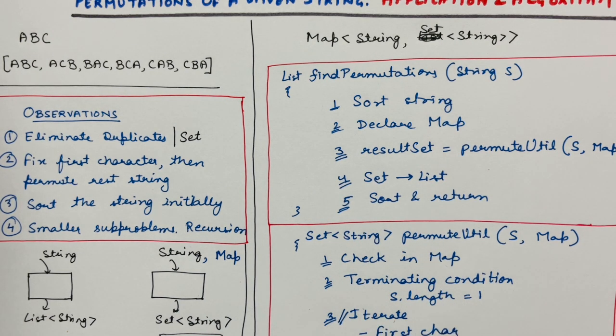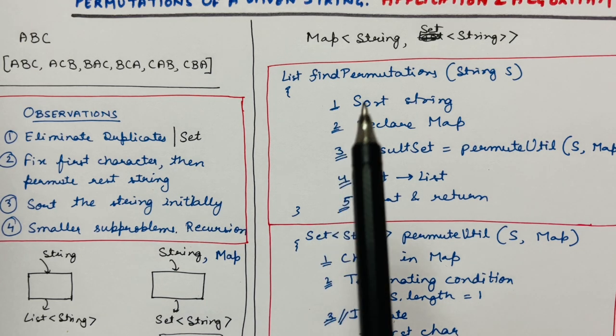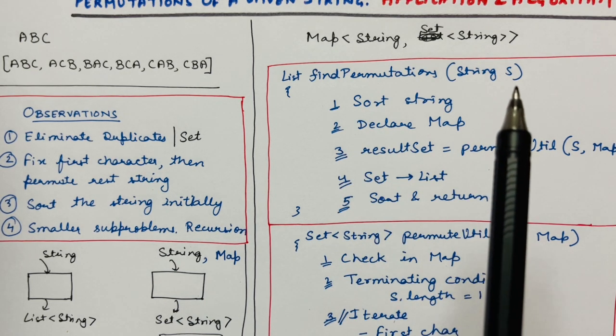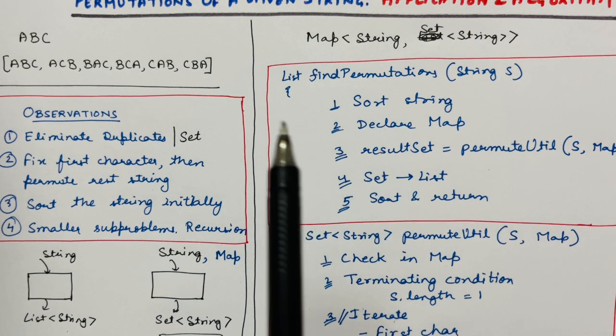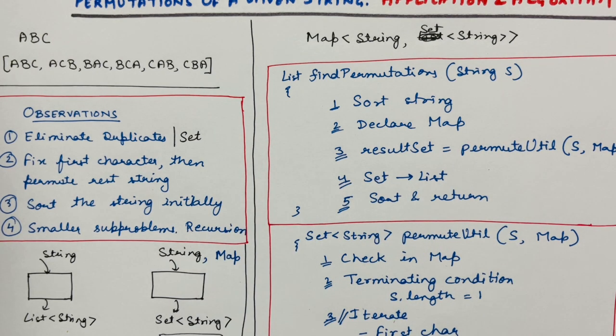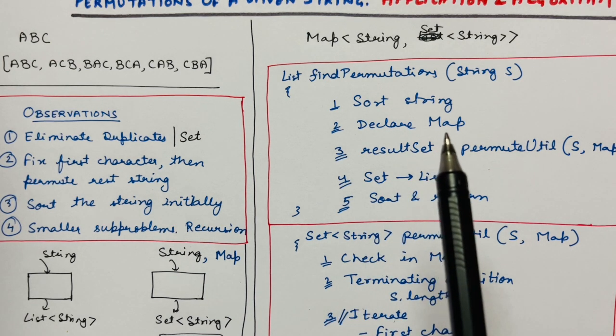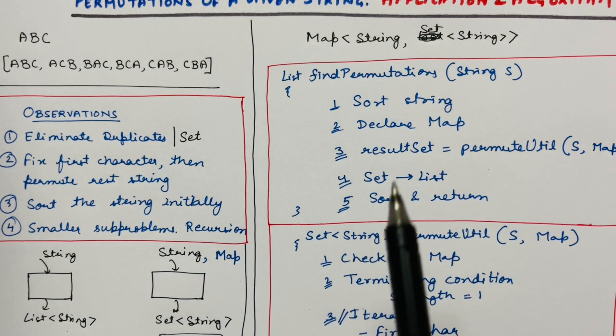Now, how will our algorithm look like? We will have two functions. One is our original function that takes input as string and returns the output as list of string. And one will be our recursive function that takes input as string and map and returns the output as set of string. In our original function, we will first sort the string. We will declare this map that will be passed to our recursive function.